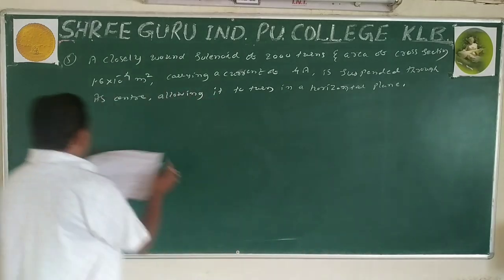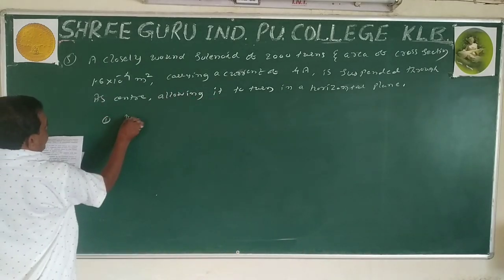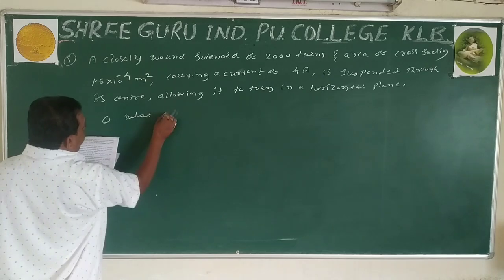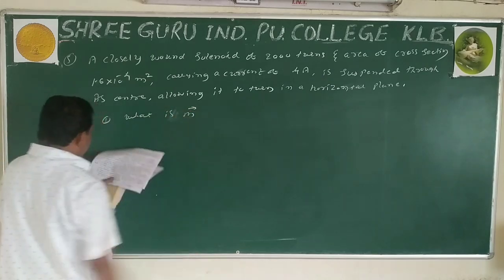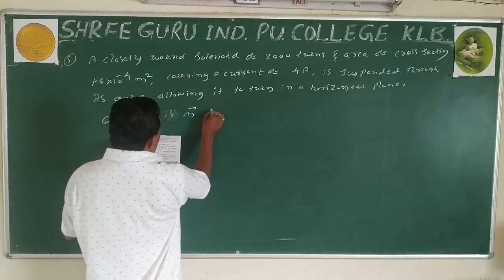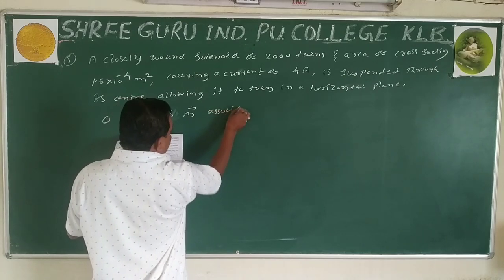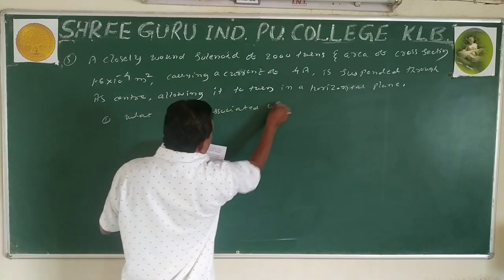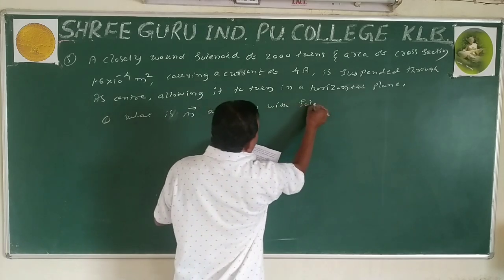What is the magnetic moment? Number one, what is the magnetic moment associated with solenoid?